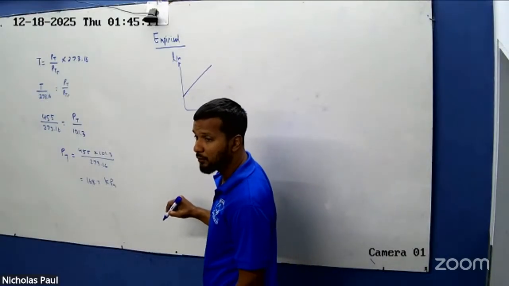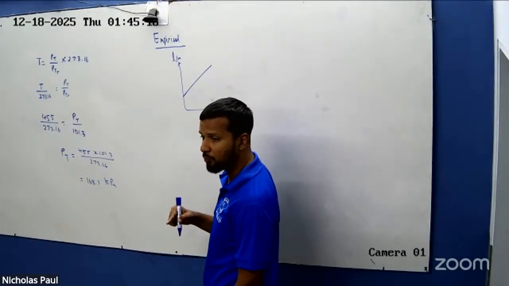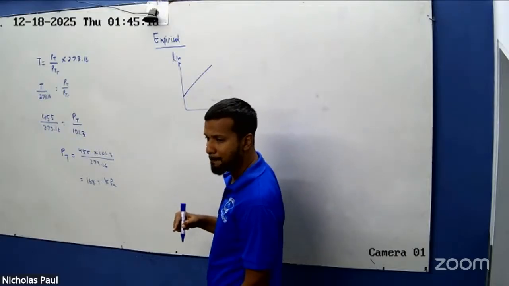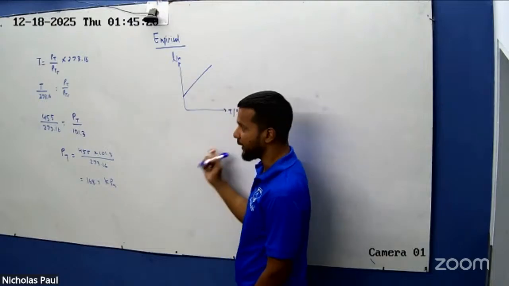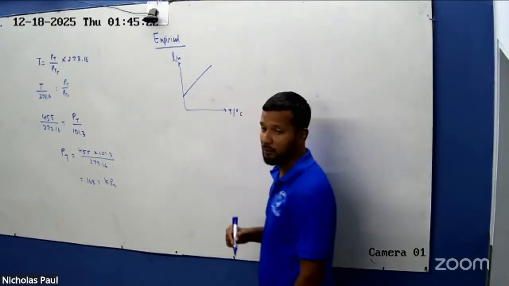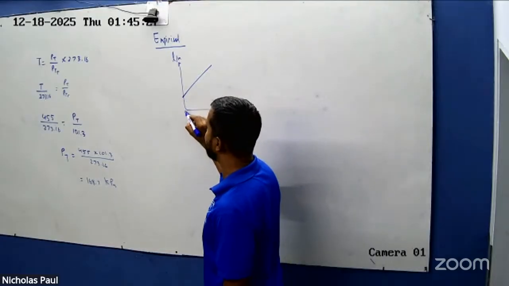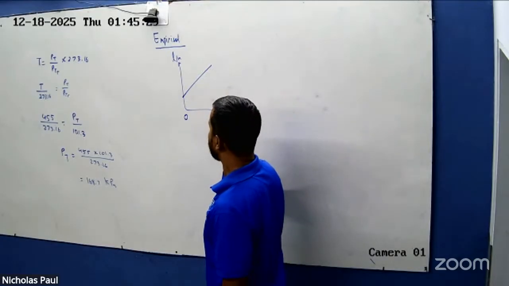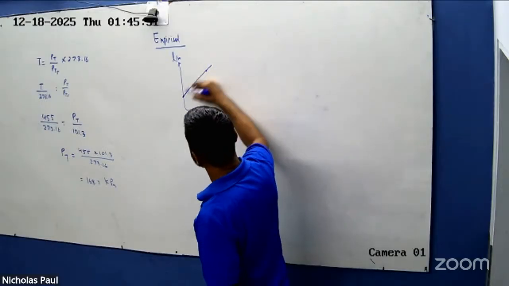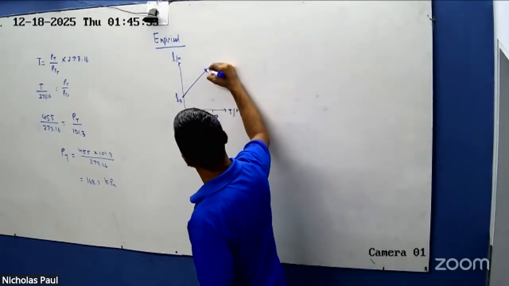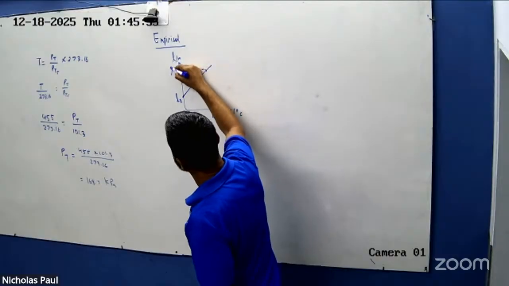In the notes, I think I use L. So this is the length at 0 degrees Celsius. At 100 degrees Celsius, this is the length. Let's call this L0. Let's call this the length at 100.